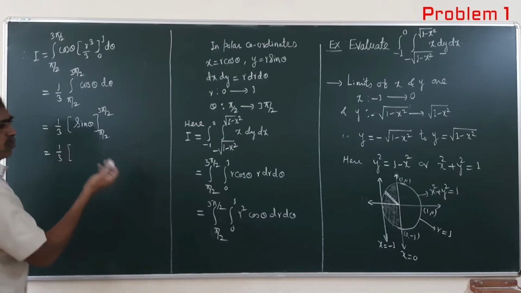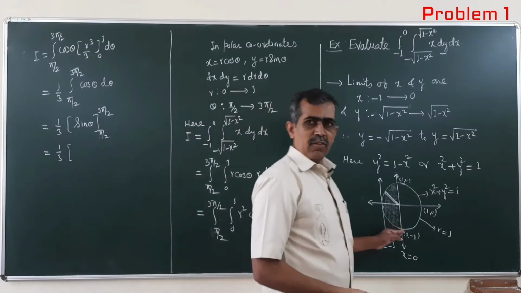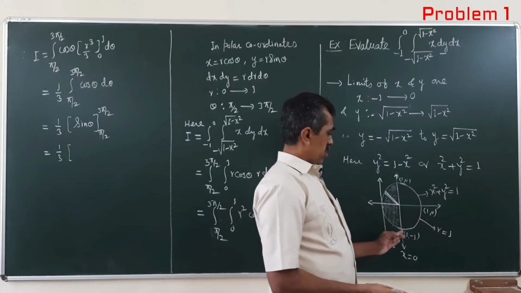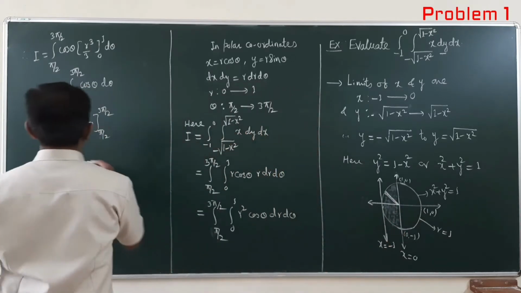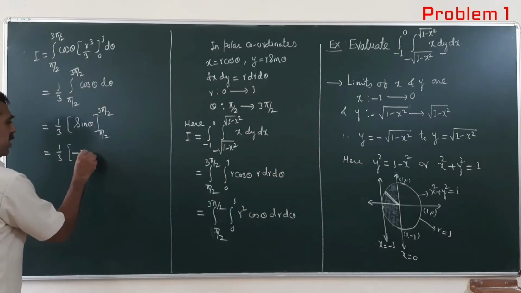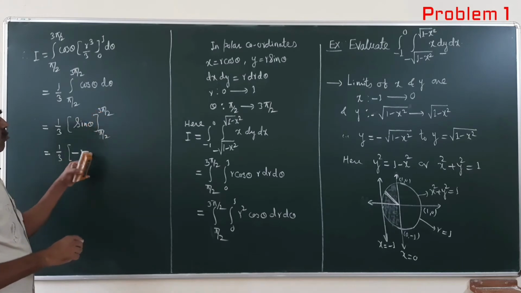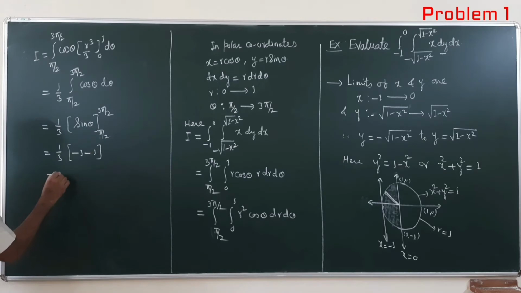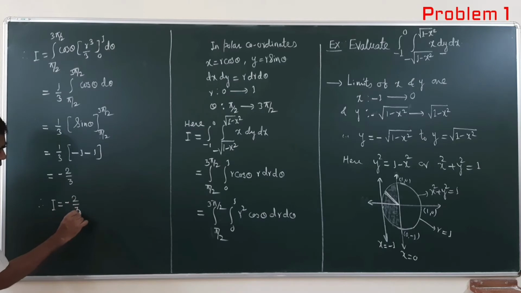Sine here is minus 1, here is always plus 1, and sine here is 0 and here is 0. So sine of 3 pi by 2 is minus 1, minus sine pi by 2, which is 1. So this is minus 2 upon 3. Therefore, the answer of the given integral is minus 2 upon 3.